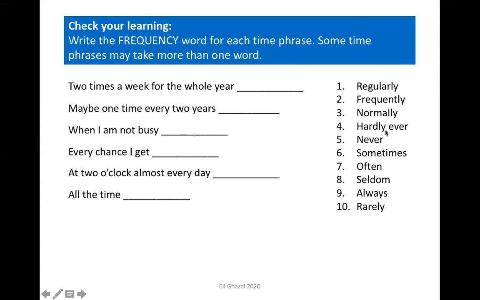We will give you the feedback. So this is what you're telling the students. 2 times a week for the whole year. Maybe one time every 2 years when I'm not busy. Every chance I get. At 2 o'clock. Almost every day. All the time. Not at all.